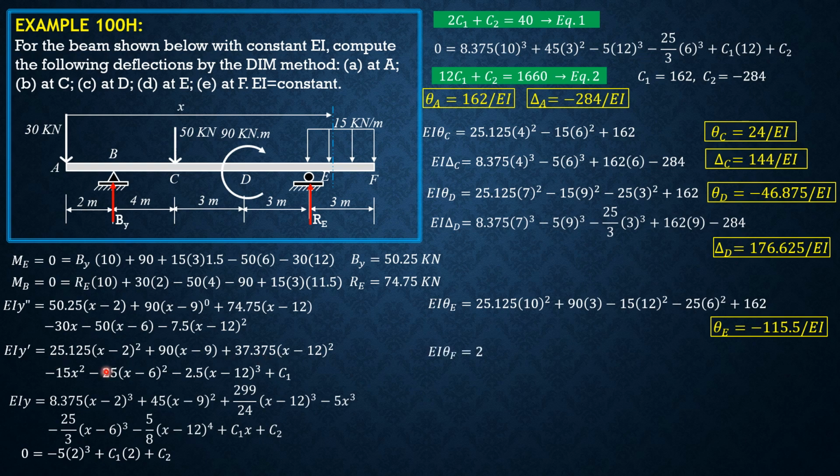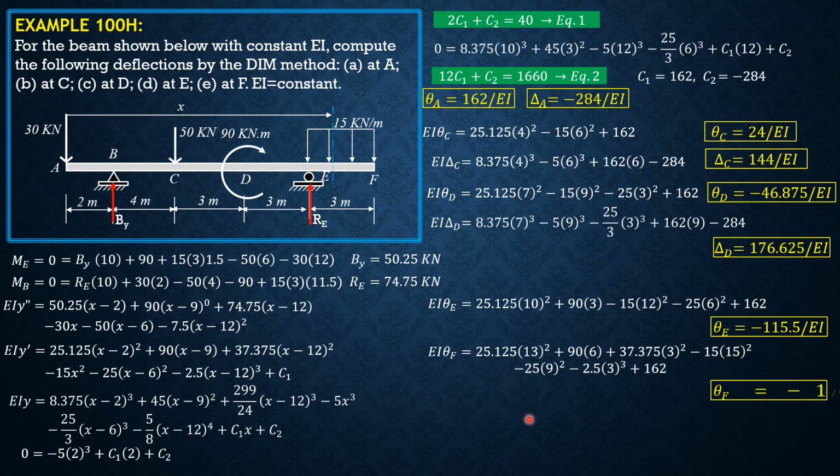So EI theta F is equal to 25.125 times 13 squared plus 90 times 6 plus 37.375 times 3 squared, minus 15 times 15 squared minus 25 times 9 squared minus 2.5 times 3 cubed plus C sub 1, which is 162. So using your calculator, theta F is equal to negative 183 over EI.